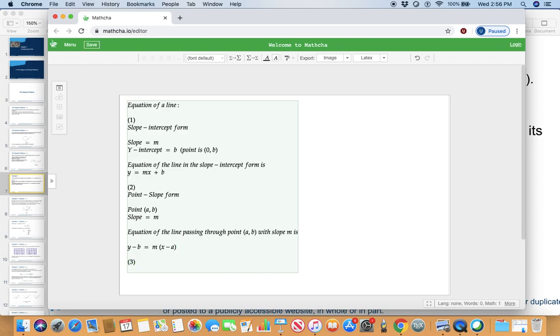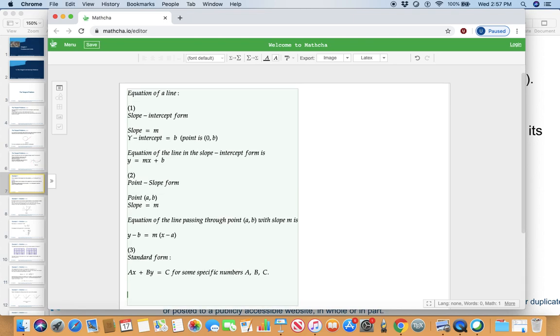The third form of writing the equation of a line is called standard form. Standard form is to get the x and y coordinates together. It's usually ax plus by equals c for some specific numbers a, b, c. After you simplify, you get x and y on one side and a pure number on the other side.